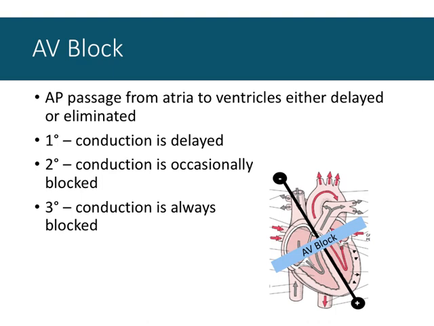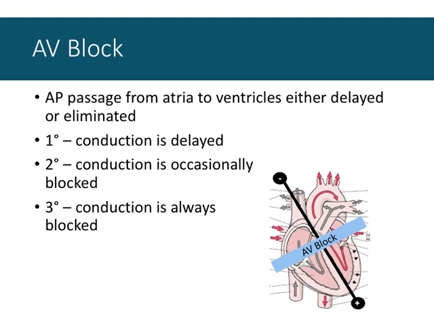That signal can be delayed more than normal. That signal can be prevented occasionally or that signal can be prevented always. And those are examples of blocks of increasing severity, and we call them first degree, second degree, and third degree AV block. So the passage of the signal from the atria to the ventricles is blocked with increasing severity in these examples.